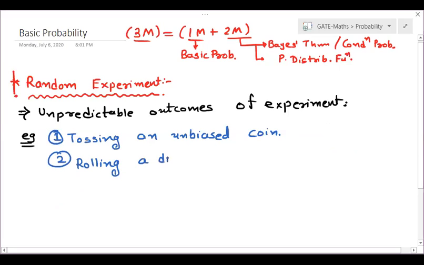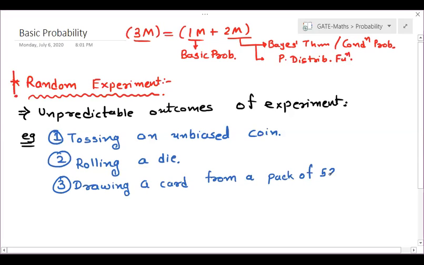Rolling a die. Okay. And drawing a card from a pack of 52. Sure.